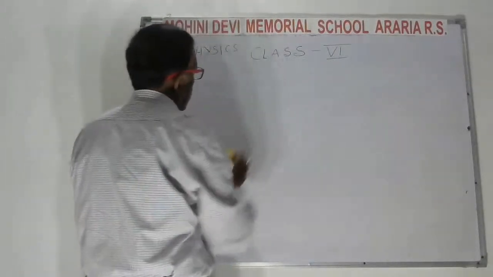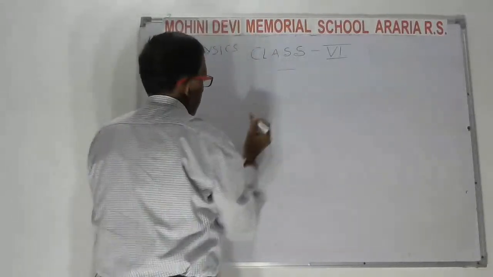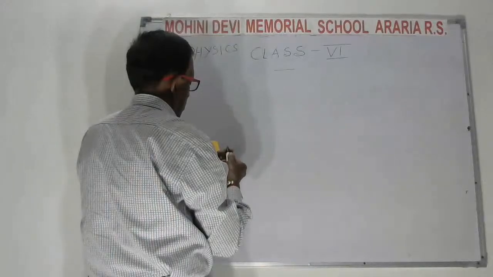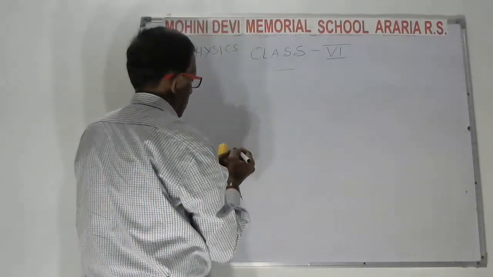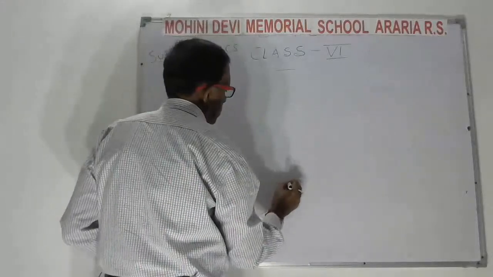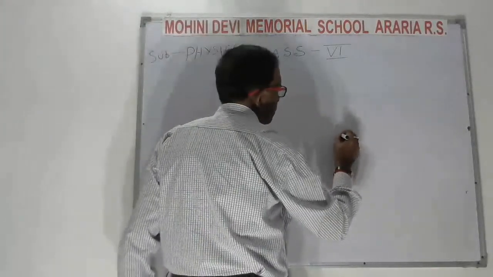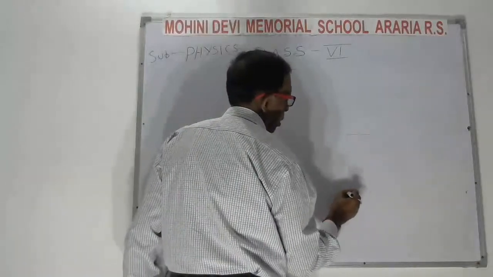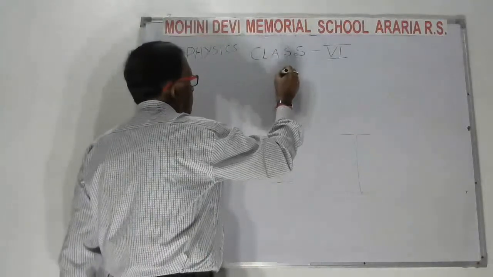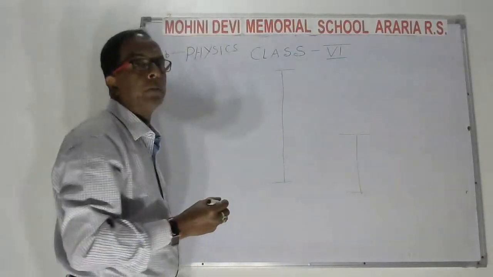Suppose my length is this, my hand span, and a child's hand span is this, only this, and my hand span has such length.